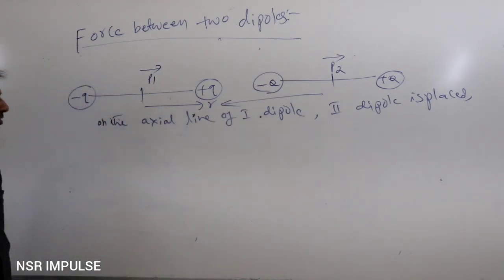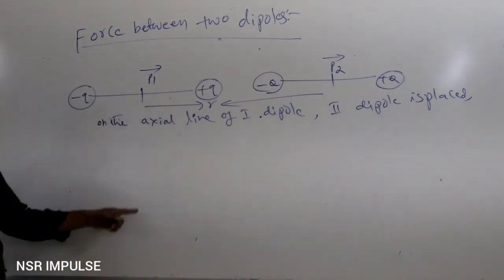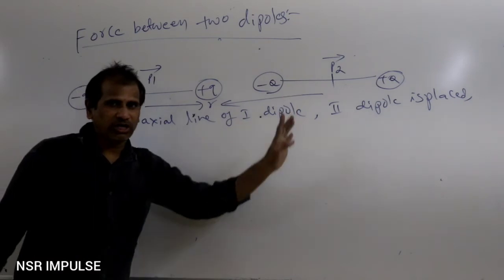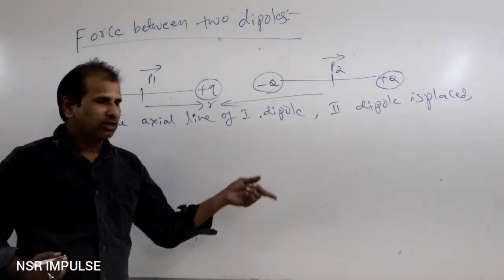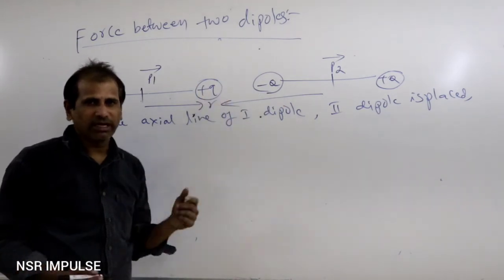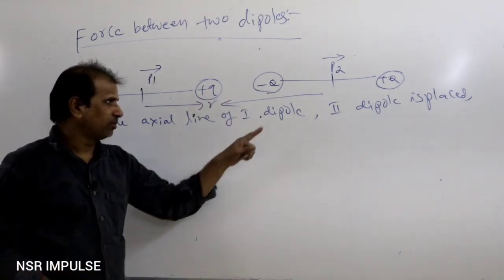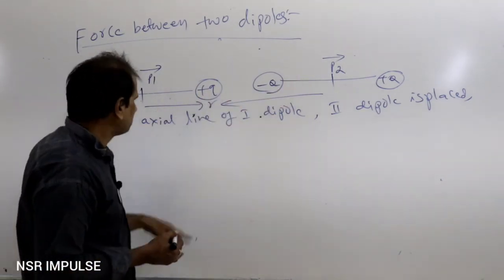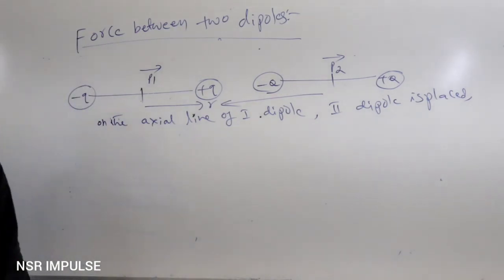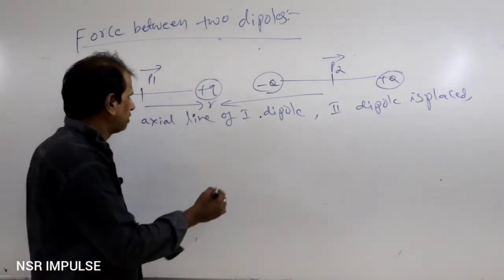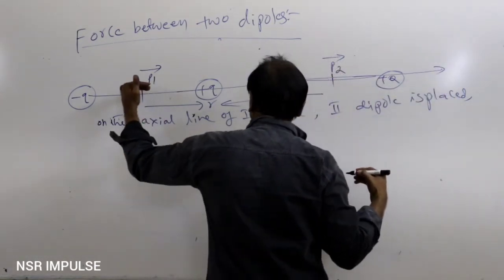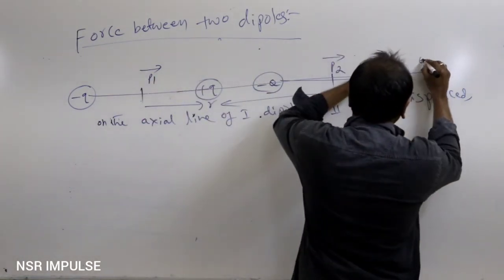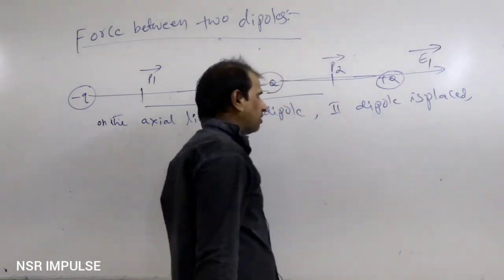So the question asked is the force between these two dipoles, for this arrangement. The arrangement means the second dipole is placed on the axial line of the first dipole. This is the second dipole, this is the first dipole. If we extend like this, on this axial line, the field due to the first dipole is E1 bar.